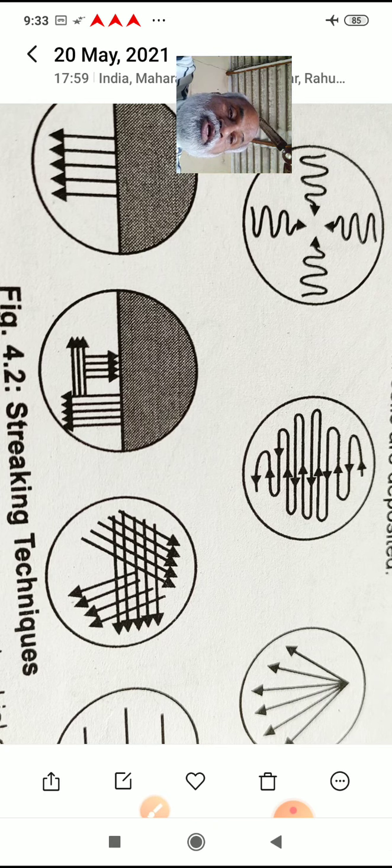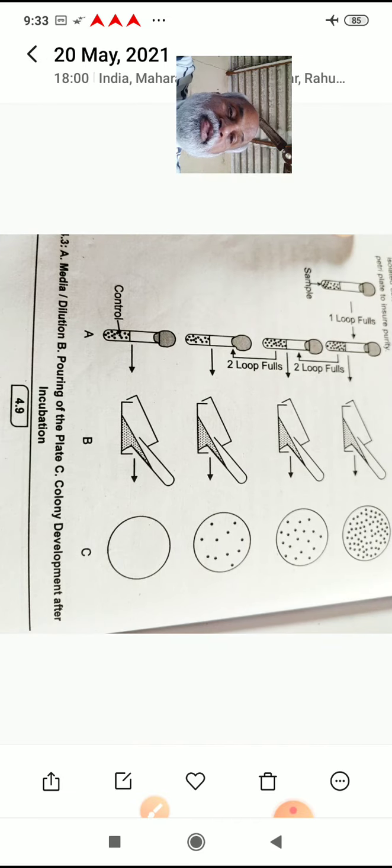Now we will go towards another method, and that is the pour plate method. So what is the pour plate method?